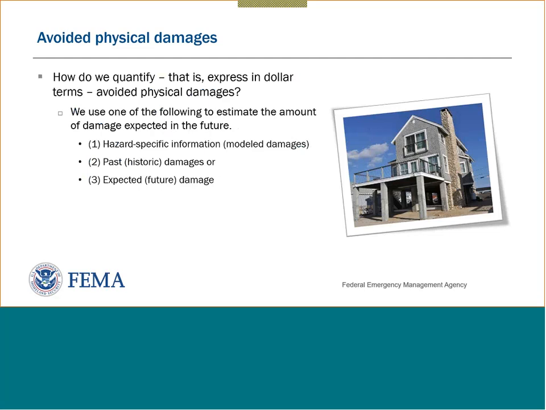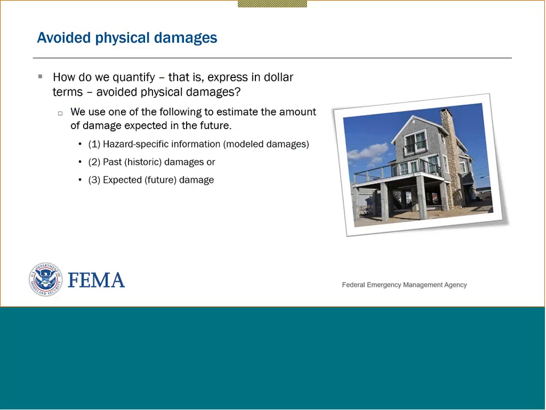So how do we quantify avoided physical damages? Well, there are three methodologies that are used. One is using hazard-specific information, or what we call modeled damages, for a few project types. For example, seismic retrofit projects.